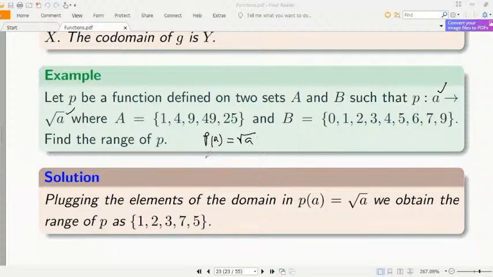So in other words, the range of P would be the set of the square root of 1, using this definition, the square root of 4, the square root of 9, the square root of 49, and the square root of 25.